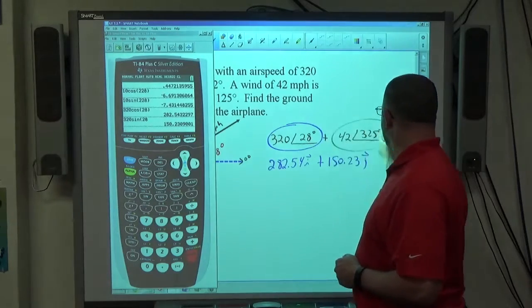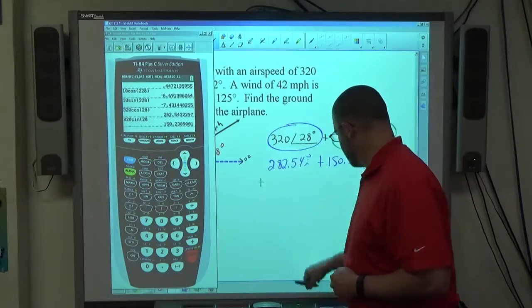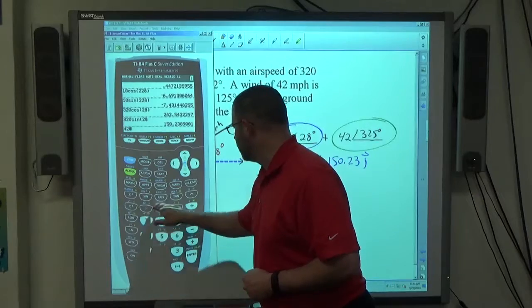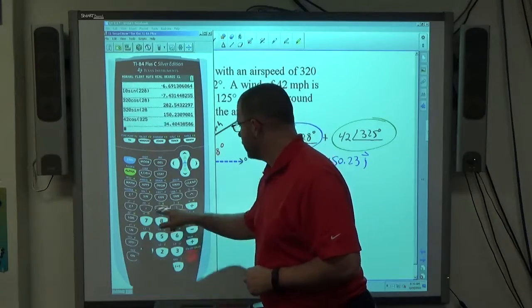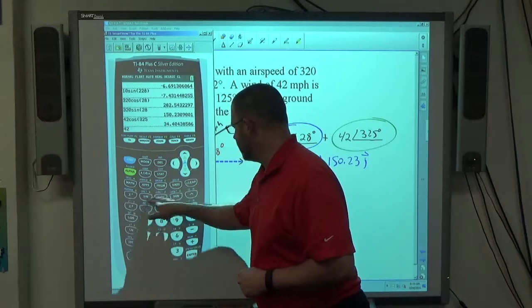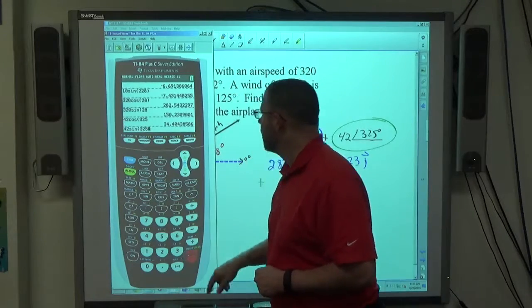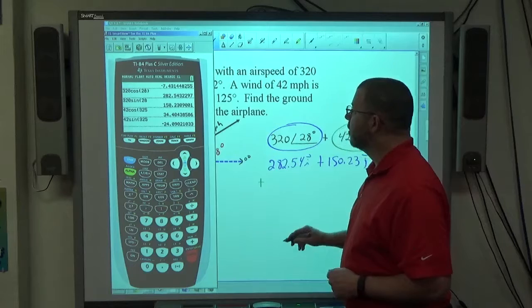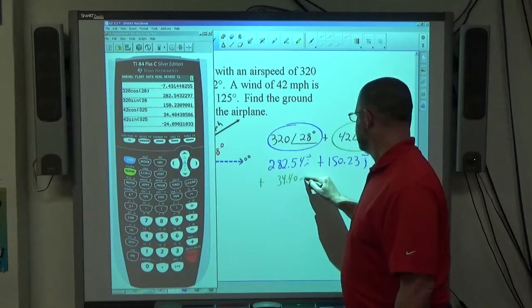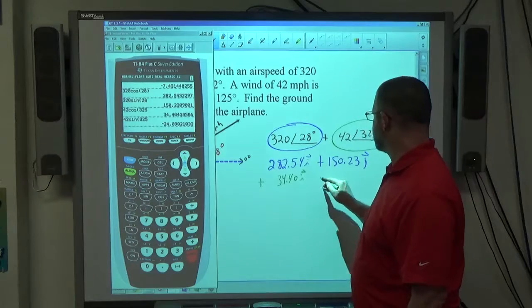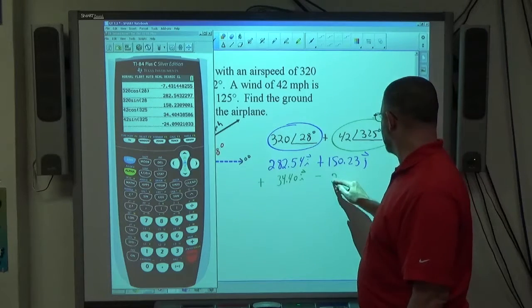And if we look at the wind vector, we're going to be adding to that 42 cosine of 325 and 42 sine of 325. So we're going to get plus 34.40I, and we're going to get minus 24.09J.